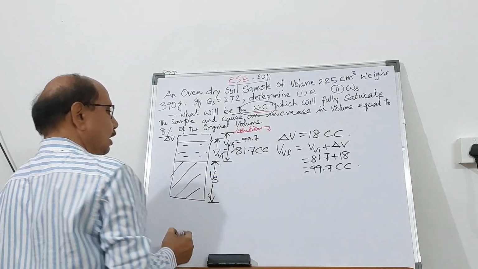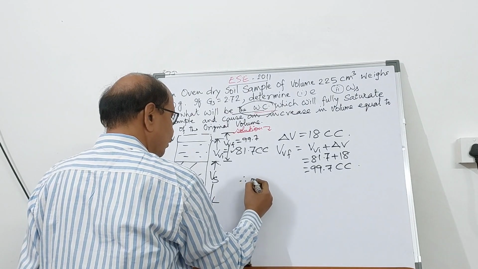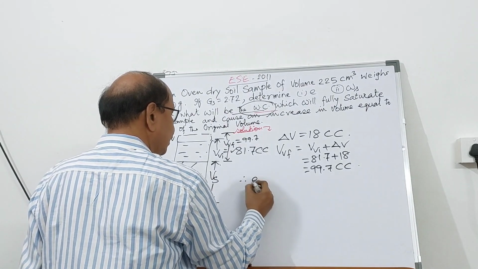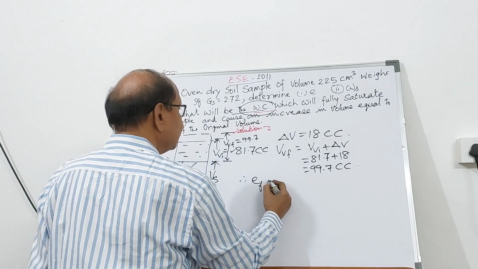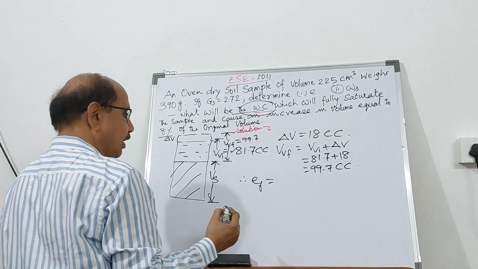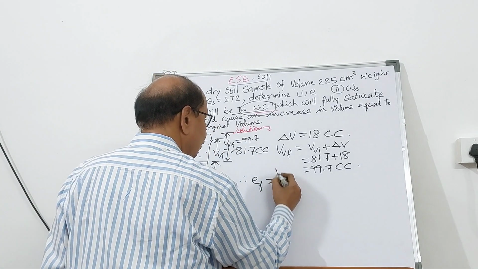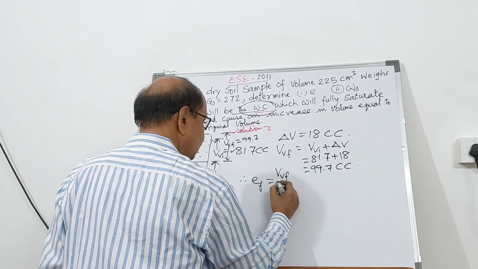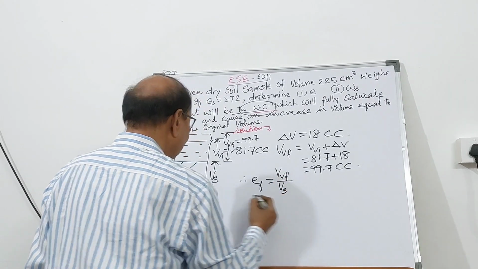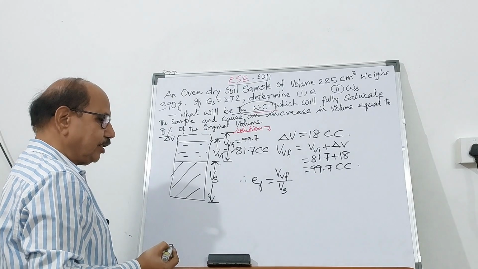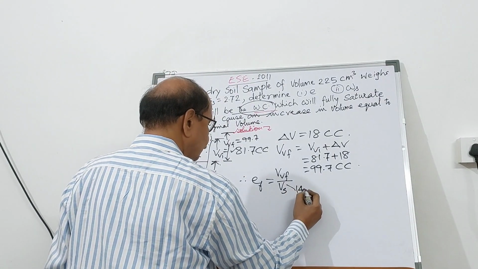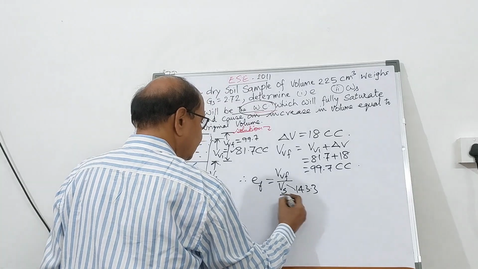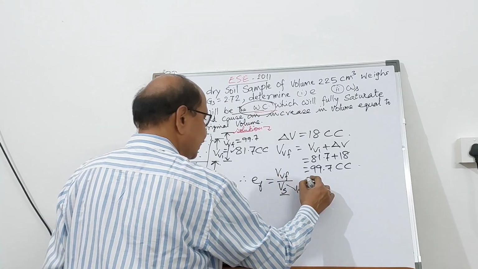Therefore, we can find out the final void ratio, because there is an increase in volume now. So what is the final void ratio? Volume of void divided by volume of solid. Volume of solid remains unchanged, which is 143.3. There is no change in the volume of solid, but this has changed.